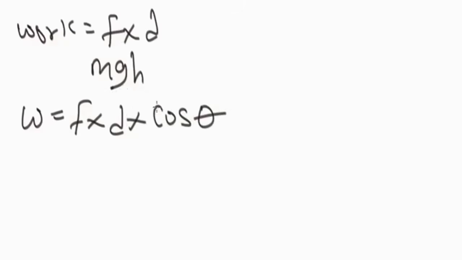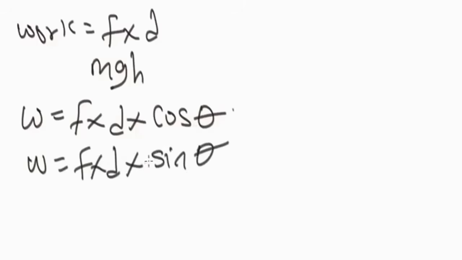Whereas when the force is inclined to an angle vertically, the work will be calculated using force times distance times sine theta. So take note of this difference. This one is when the force is inclined to an angle horizontally, whereas this one is when force is inclined to an angle vertically.